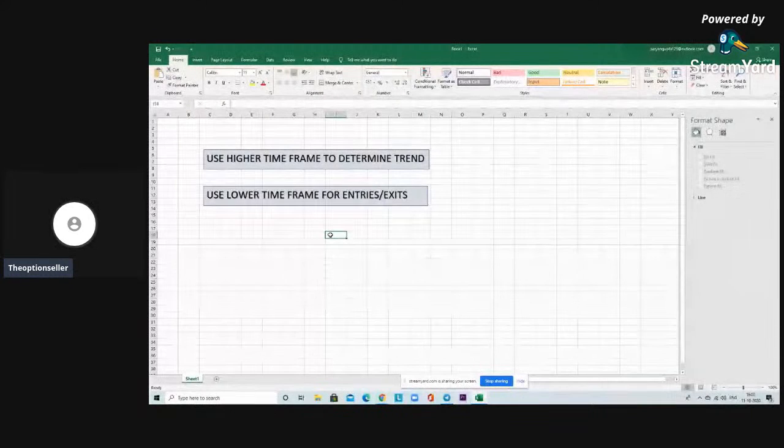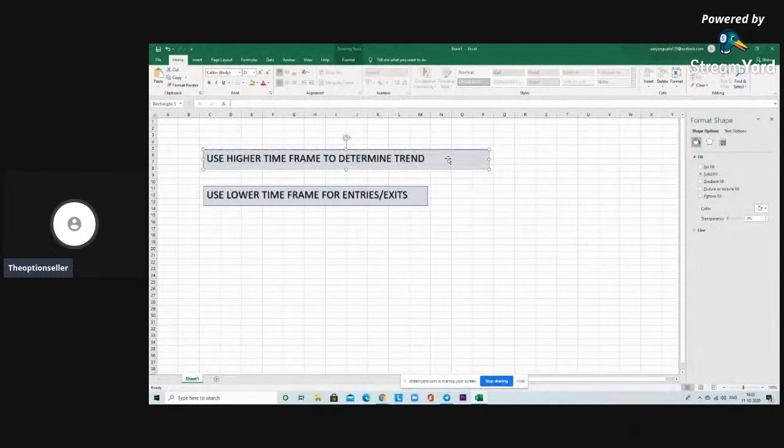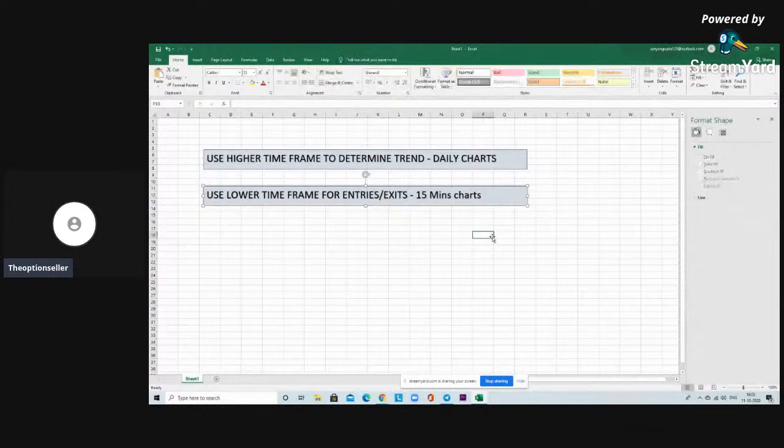We will use 1 day or daily charts to identify the overall trend, and then we will use 15 minute charts to time our entries and exits.